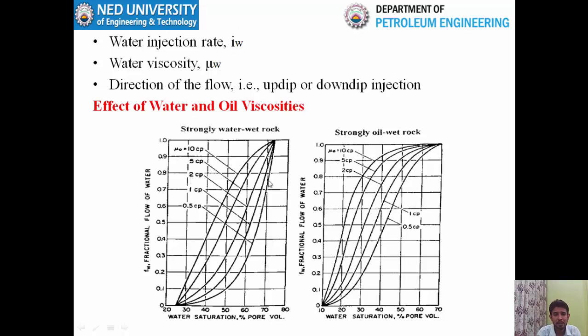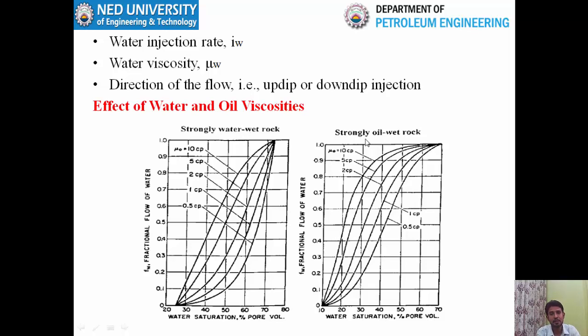So for example, on the bottom slide you can see there are two figures, and these two figures are showing the effect of viscosities on the fractional flow of water, and these two different graphs have been plotted for different wettability systems, one for the strongly water wet rock and the other for strongly oil wet rock.